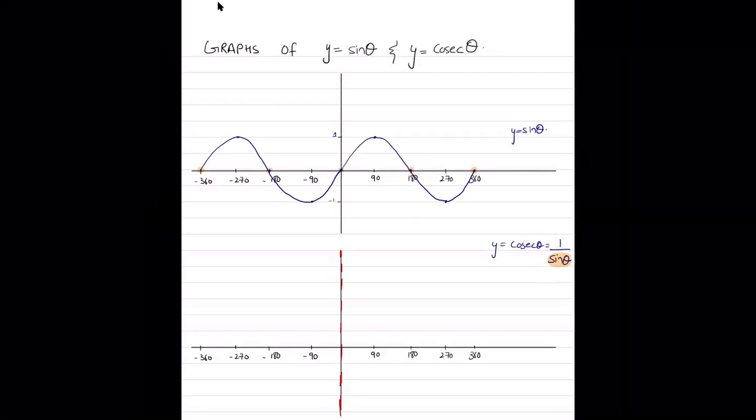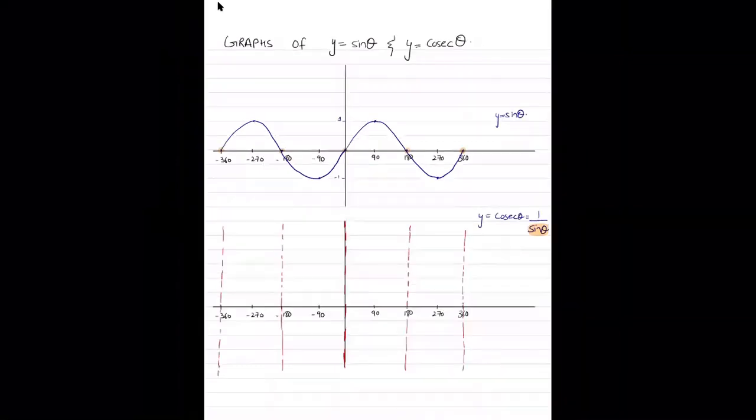So there is going to be a vertical asymptote line over here at 360 as well, minus 180 and minus 360. Okay.